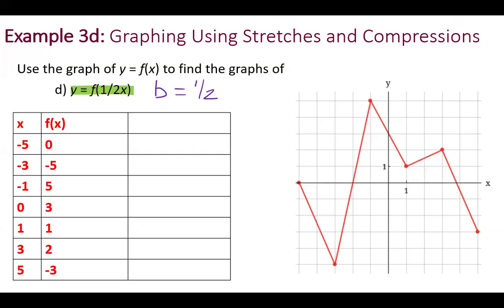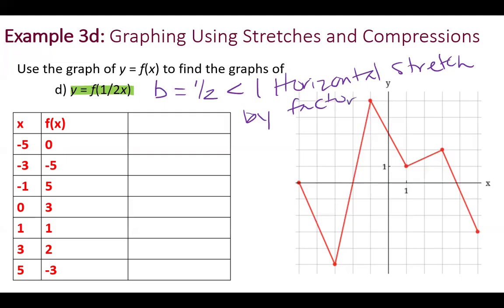Your B value is 1/2, which is less than 1, which means that this is a what? Stretch. We have a horizontal stretch. Now, by a factor of what, though? 2. Because you're multiplying by the, what's the R word? Reciprocal. And the reciprocal of 1/2 is 2.